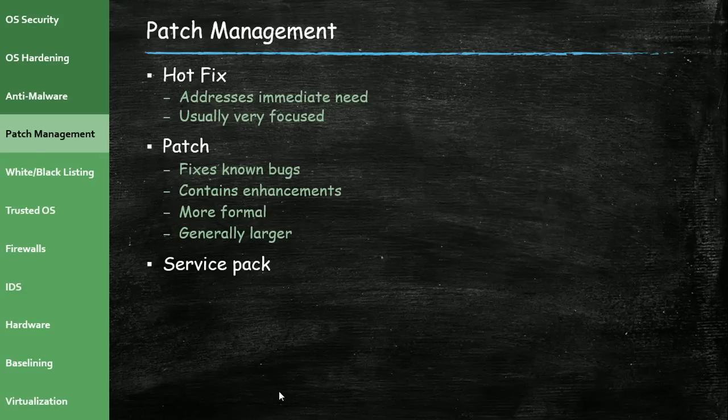And then you might get a service pack, which is a collection of hot fixes and patches. A lot of this comes from the Microsoft vernacular, but I think a lot of vendors have adopted the same vernacular of hot fixes, patches, and service packs. That large collection is basically a whole bunch of patches put together into one big service pack. I'm sure most of you are familiar with that concept.